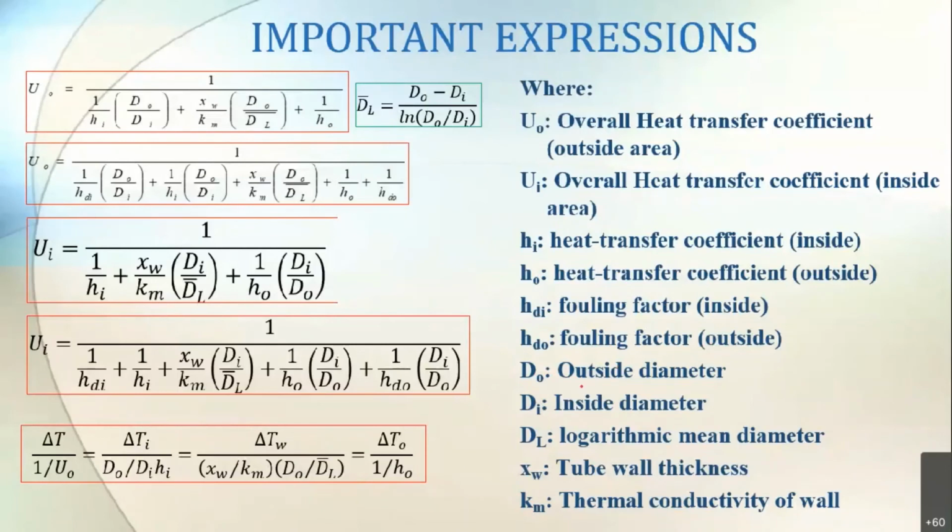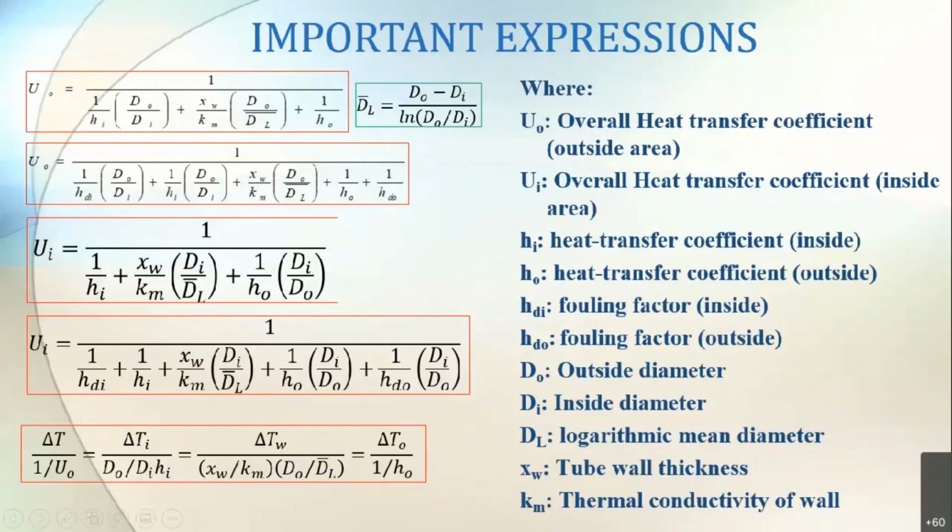DO, outside diameter. DI, inside diameter. DL is the logarithmic mean diameter. XW is the tube or pipe wall thickness, and Km is the thermal conductivity of the wall or pipe or tube. So you have to understand and be able to differentiate one from the other.